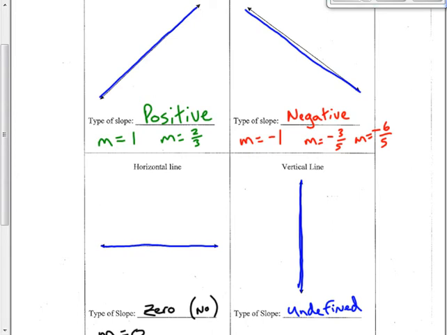They're problem lines. So there's something that's wrong with that line. It's going straight up and down. It's a perfectly good line for us to use. We draw pictures with them. We have things in real life that cause vertical lines to happen. But in terms of their slope, it has an undefined slope.